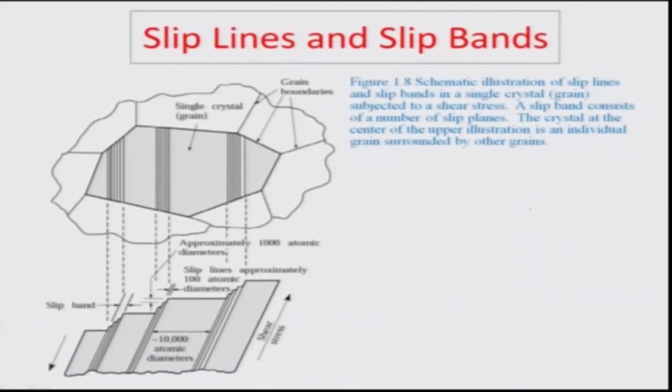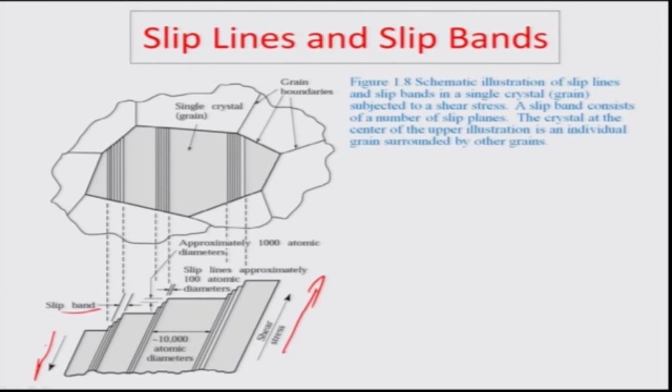So, in a general polycrystalline material, you can have several of these surface slips which are happening, and you can see that here, for example, you have a band of such slippages which are together. So, these are all the different bands. You can see how it has deformed in a particular direction because of a shear stress, which is applied to this crystal in two anti-parallel directions on both sides.